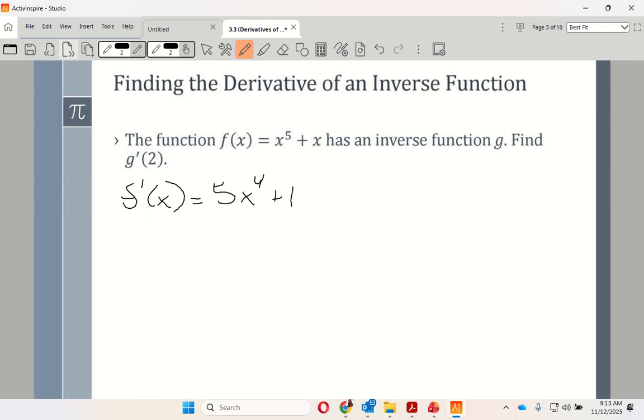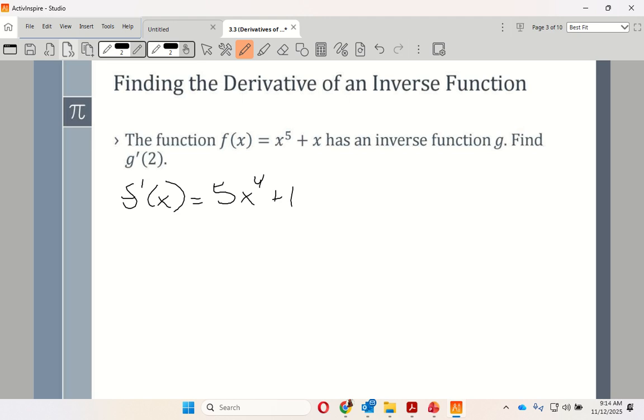And what do we say our 2 is from? The 2 represents a y value. That's important. That's your y value.